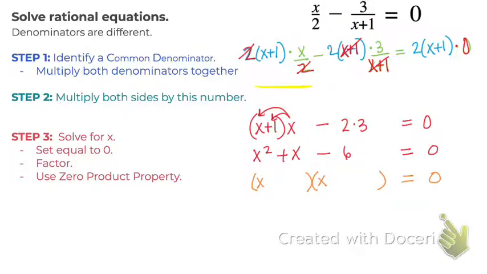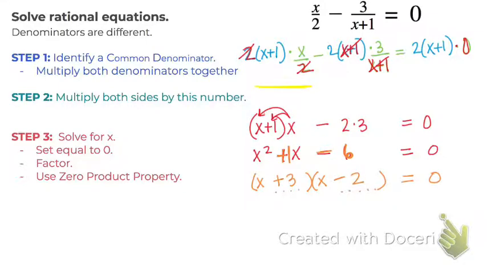Now we're looking to put in here 2 numbers that multiply to give us the last number, -6, and add to give us the middle coefficient, which is +1. We assume that that's a 1. So what 2 numbers multiply to give us -6 and add to give us +1? Those 2 numbers are +3 and -2.